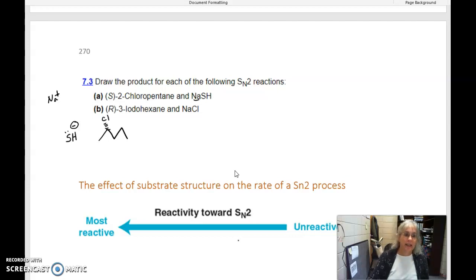So these are just kind of stand-ins. So this is going to attack, get this color here. This is going to attack right there, that carbon. And when it does, it'll flip the orientation.